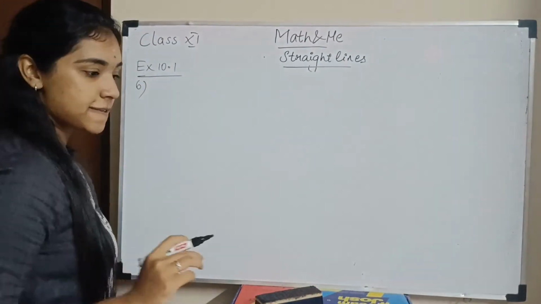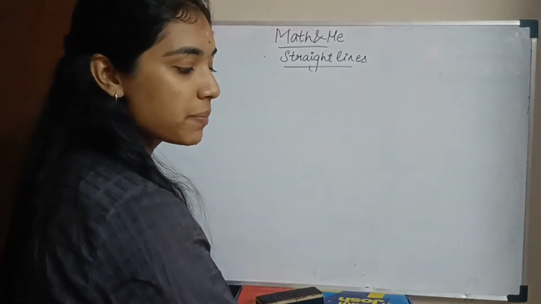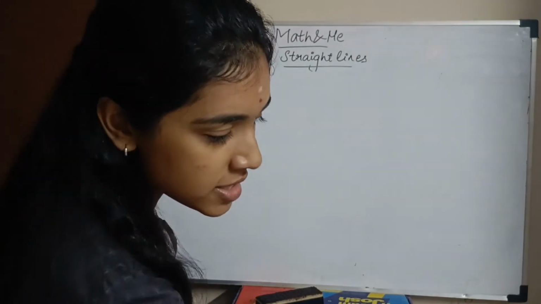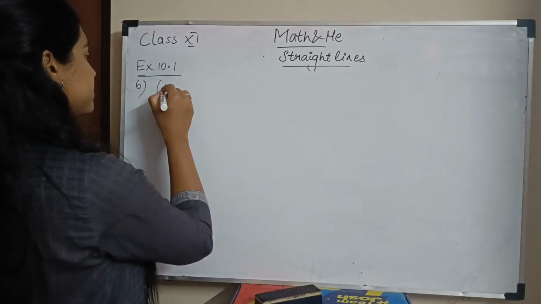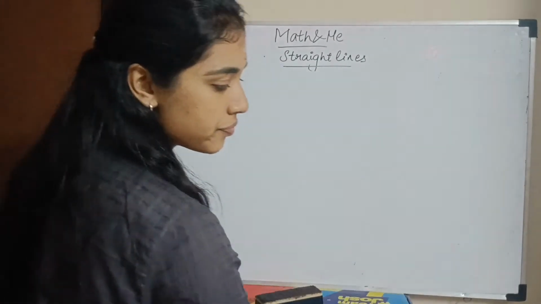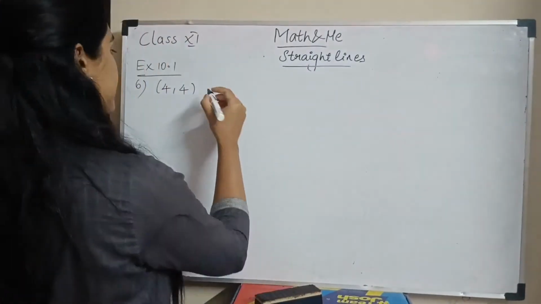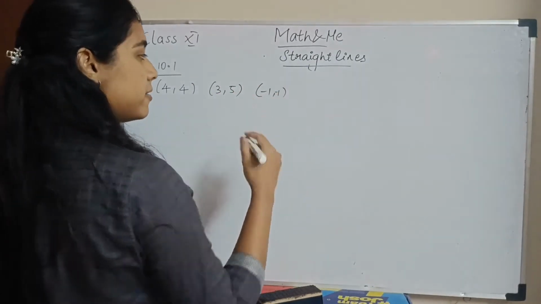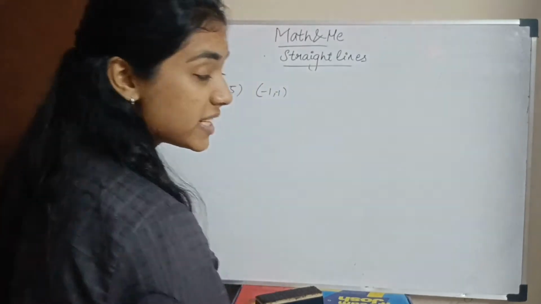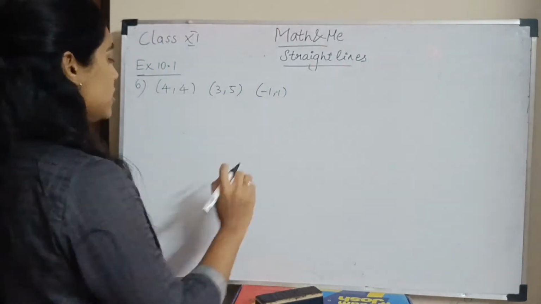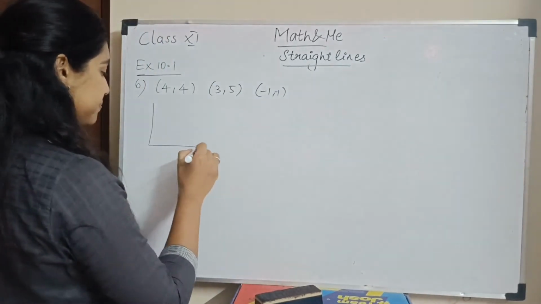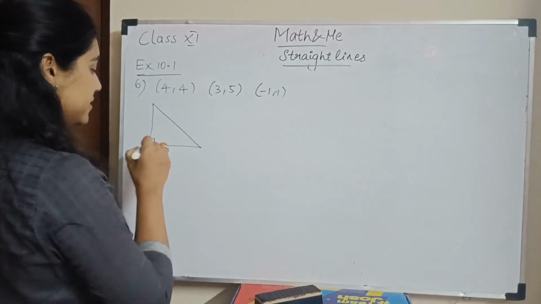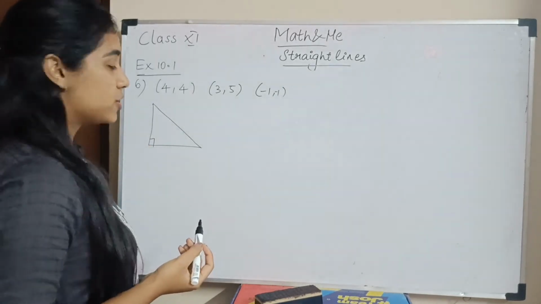Question number 6. It is given that, without using Pythagoras theorem, show that the points 4, 4, 3, 5 and -1, -1 are vertices of a right angle triangle. So what is a right angle triangle? Only one of the angles will be 90 degrees. So what does that mean?